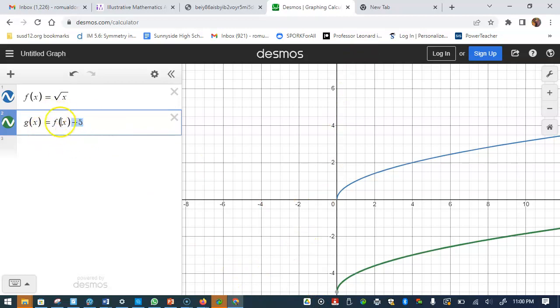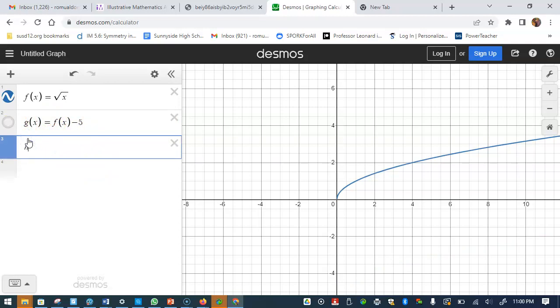So hope that helps. Today's lesson is about these 4 practice problems, but I want to be 100% sure we understand this part. Let me take this off and write another function h of x equals minus square root of x.